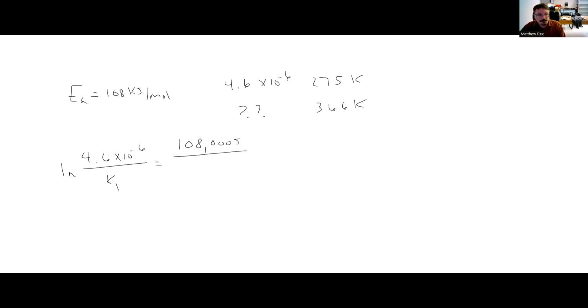I'm going to convert it to joules because our R constant is in units of joules, and then the units will agree. And then 1 over T1, which was the 366.